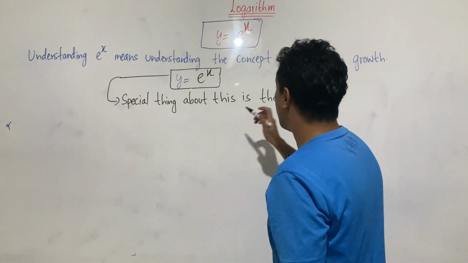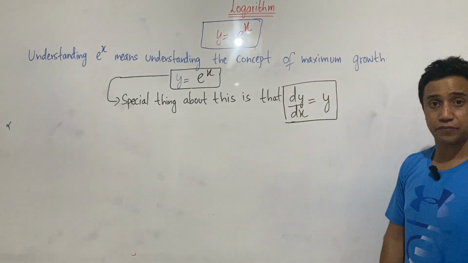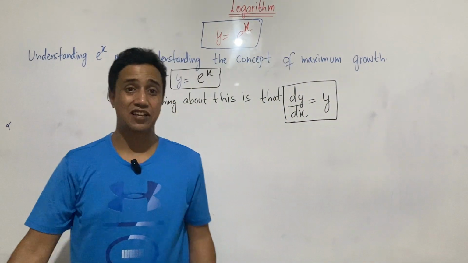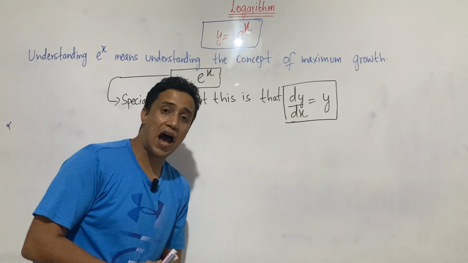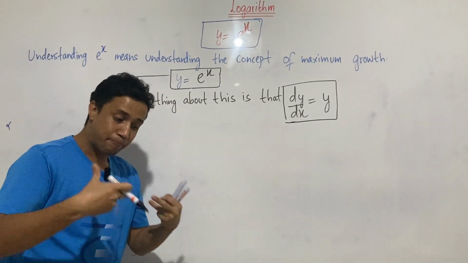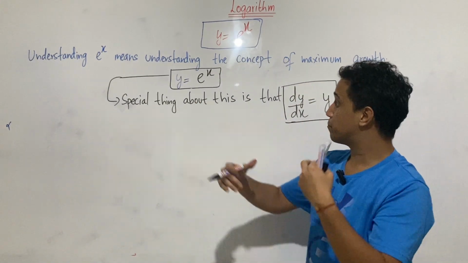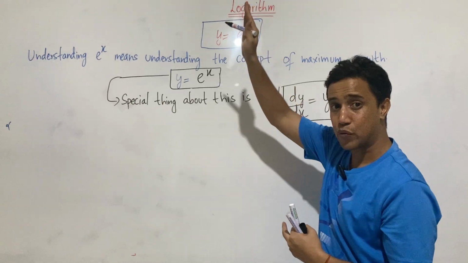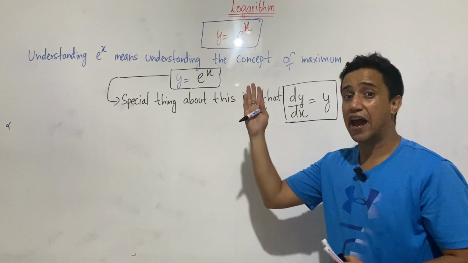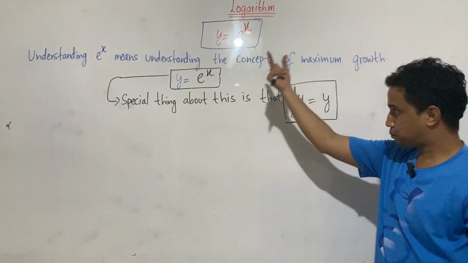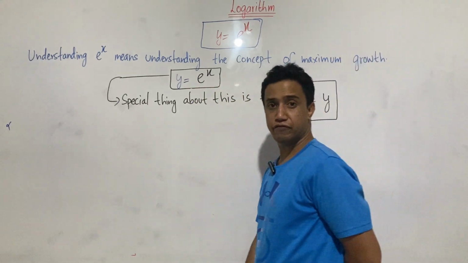It means that the slope is the same as the height of the function. Now you will realize that as your x increases, the slope gets bigger and bigger. So this is one of the reasons why this is such a powerful function.